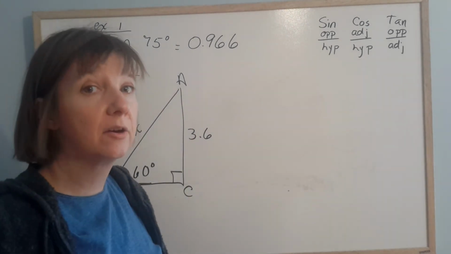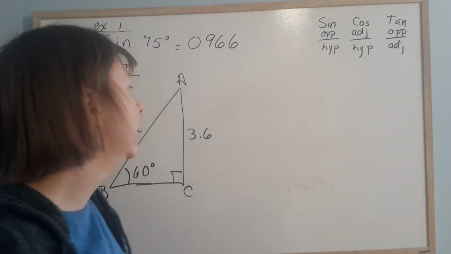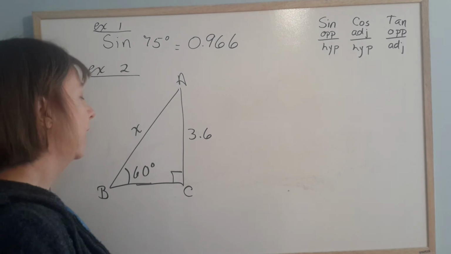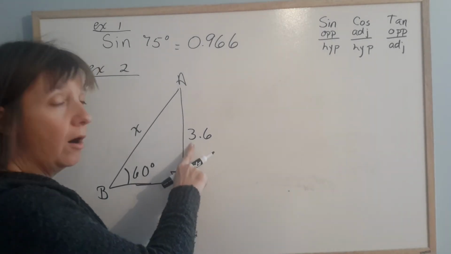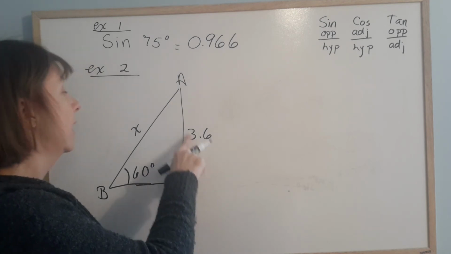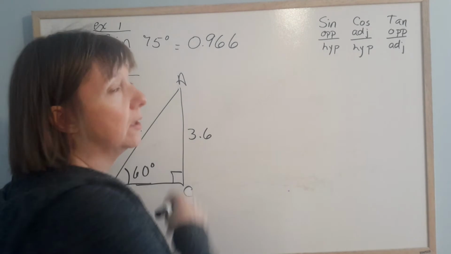So they want to know that side right there. I tend to put a variable like x in there so I remember what I'm trying to find. From the angle I know the opposite side, and I want to know the hypotenuse. So opposite and hypotenuse mean I'm using sine.